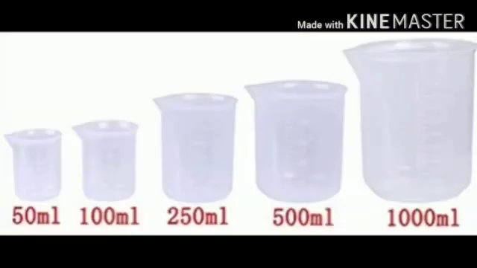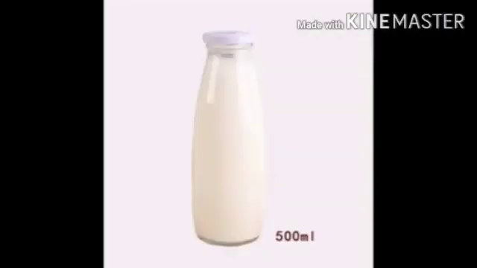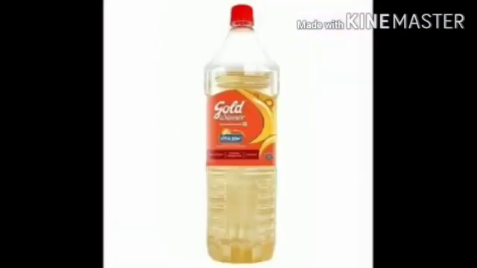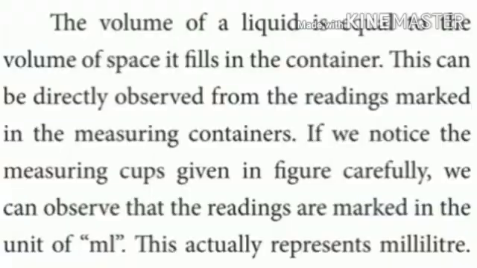Children, do you know 50 ml, 100 ml, 500 ml, 1000 ml, 1 liter, 5 liter and 10 liter? For example, 100 ml of ghee, 500 ml of milk, 1000 ml of oil, 2 liter of water, etc. The volume of liquid is equal to the volume of space it fills in the container.